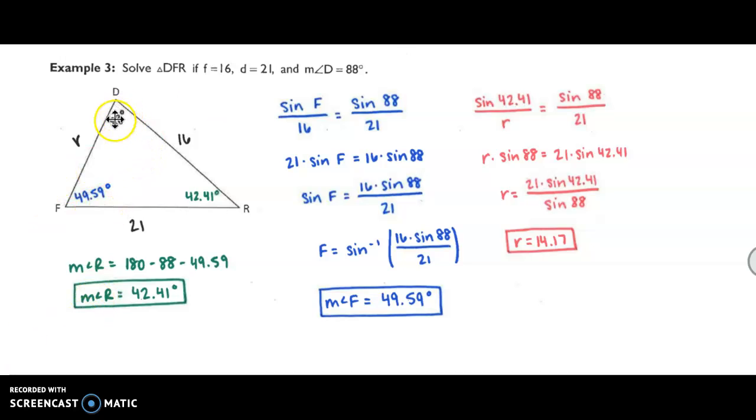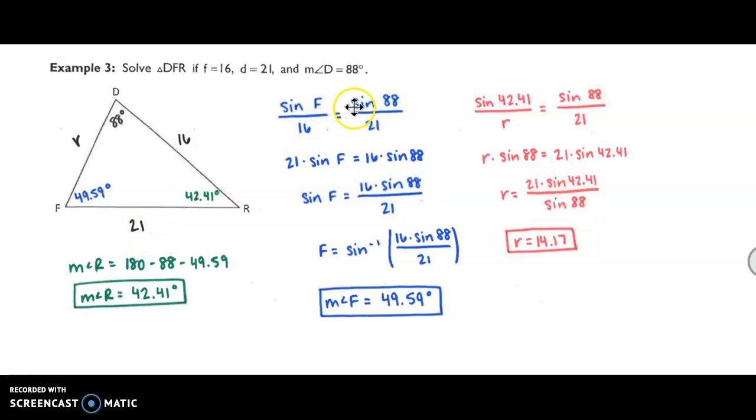So when you look at the notes here, I know this is kind of filled in, but it seems like you were only given angle D, all right, and you're given F is 16. So if capital F is here, then lowercase f 16 goes across, right? Remember the side always goes across from the angle, and lowercase d is over here, okay?